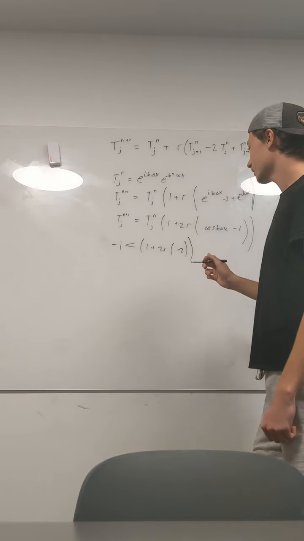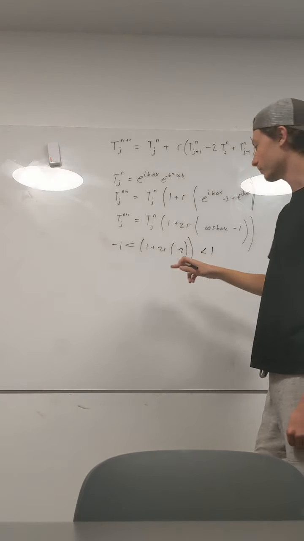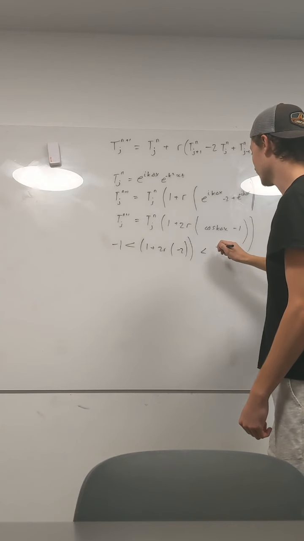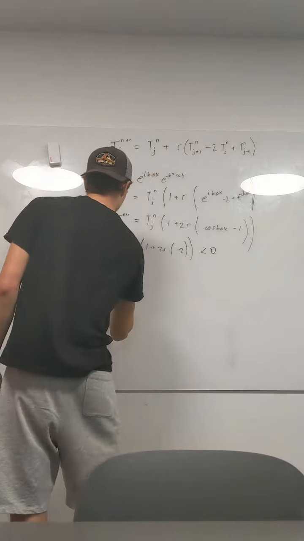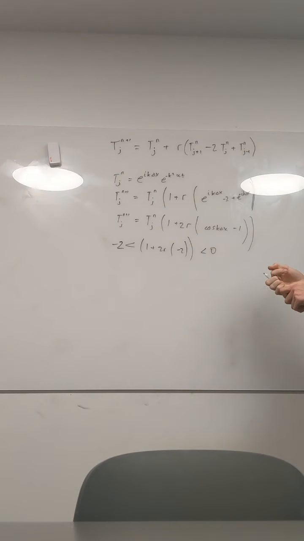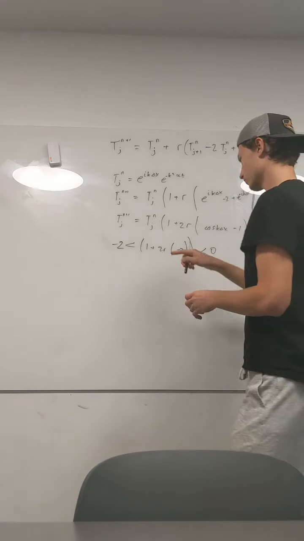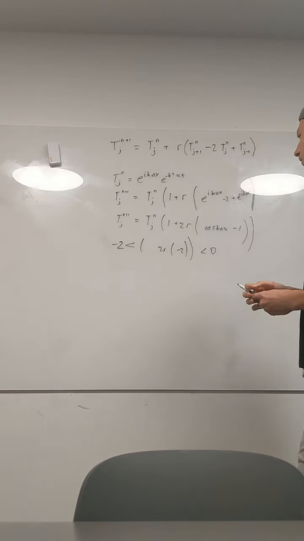Alright. Less than 1. We subtract 1 from both sides. We get 0 and -2, right? So now we got -4, -2.